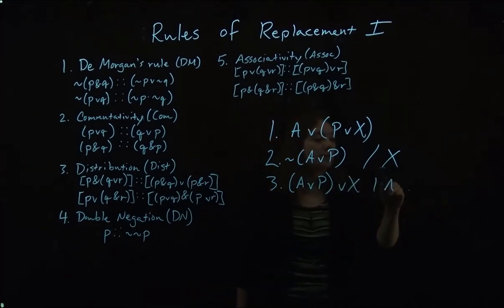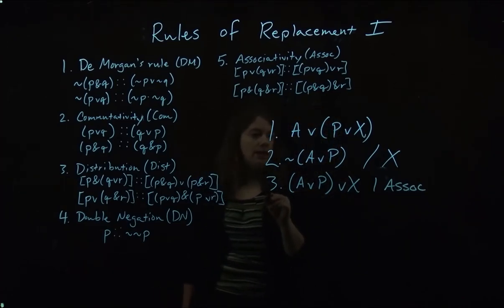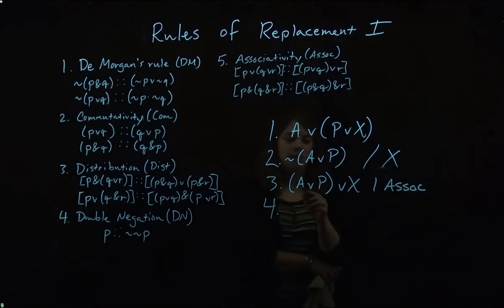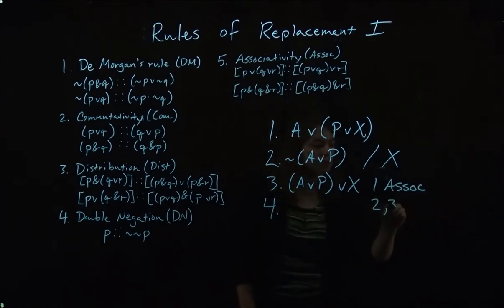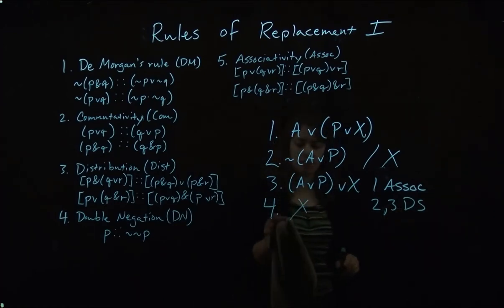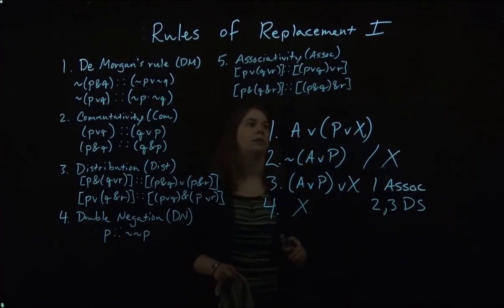So 1 ASSOC, okay? And now we have the opposite of the left side of the disjunct, and we know then that we can use on lines 2 and 3 disjunctive syllogism, and then derive X. And that's how it's useful to use associativity here.